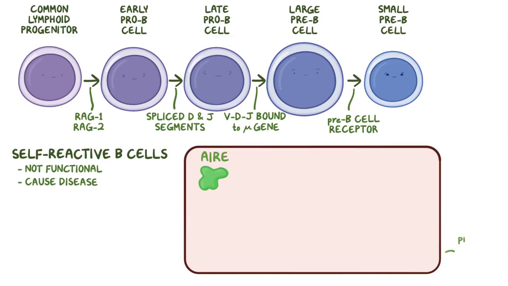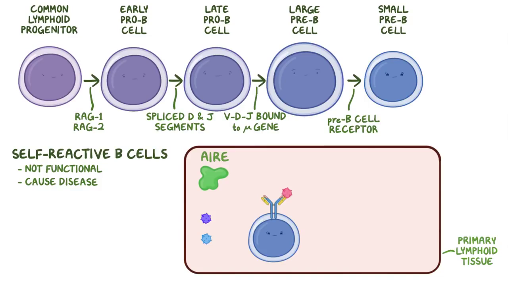AIRE is expressed in primary lymphoid organs and allows them to express antigens that are normally found all over the body, like the brain, ovaries, and pancreas. It allows these primary lymphoid organs to serve as a microcosm of the entire body, kind of like how the Epcot Center theme park in Florida is a microcosm of the world.